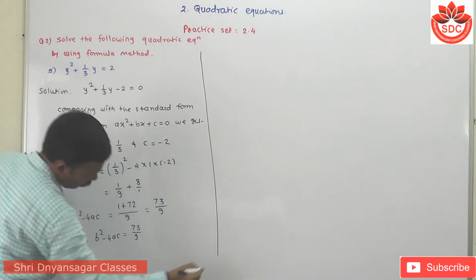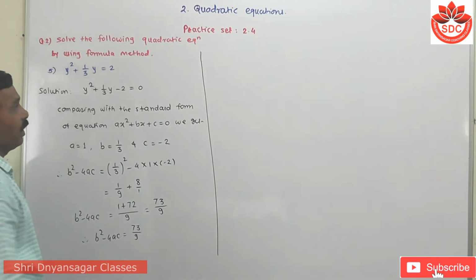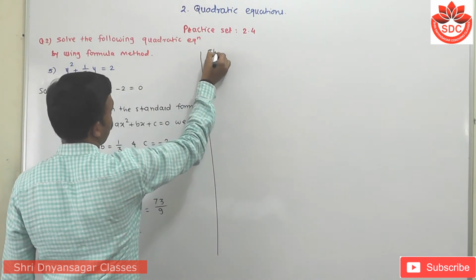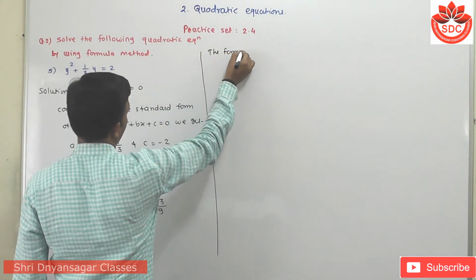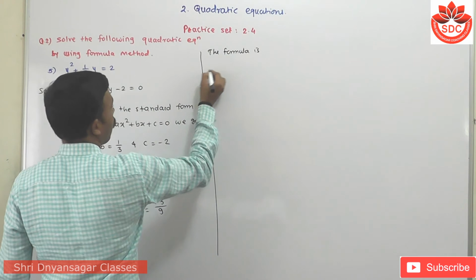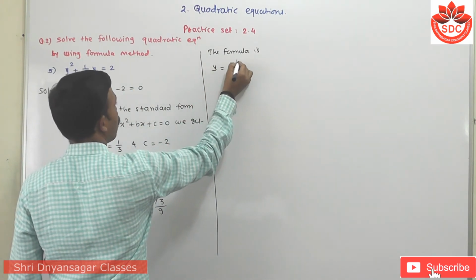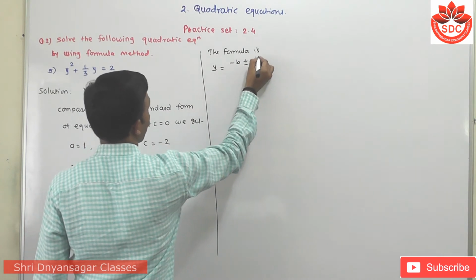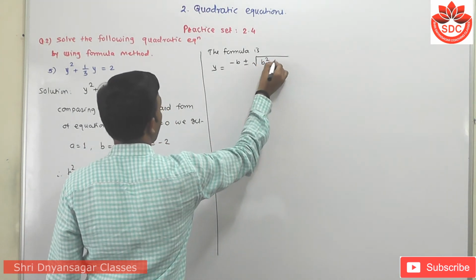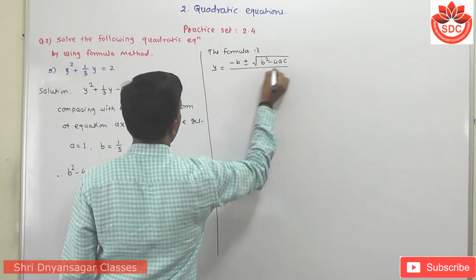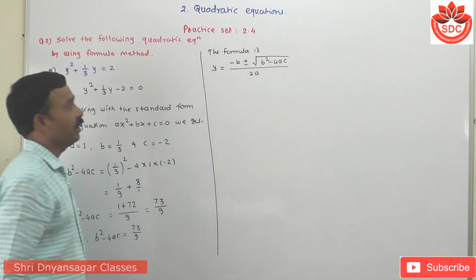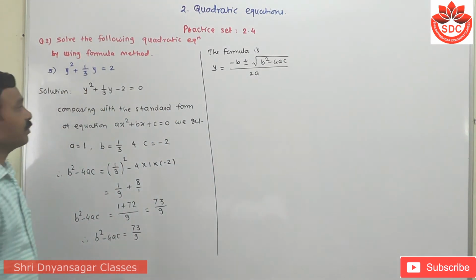Then we use the formula. Here the variable is y, so that y is equals to minus b plus minus root of b square minus 4ac upon twice a. Then we substitute the value here.